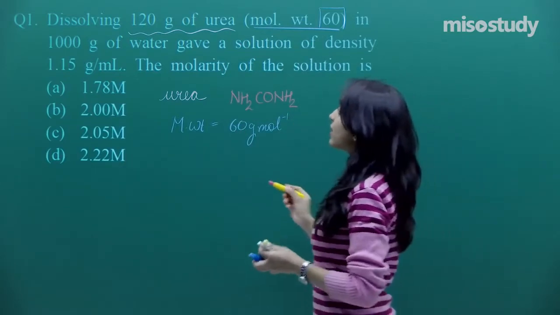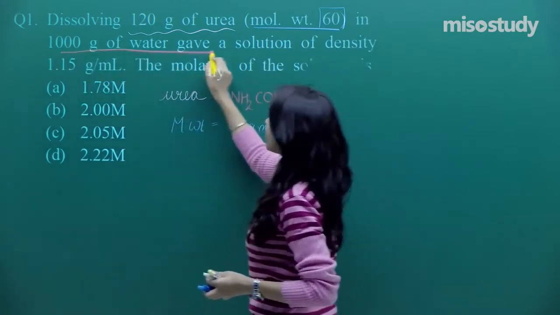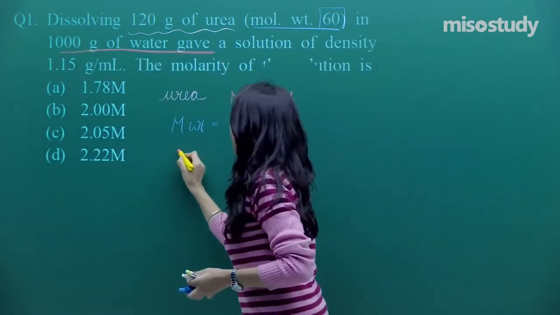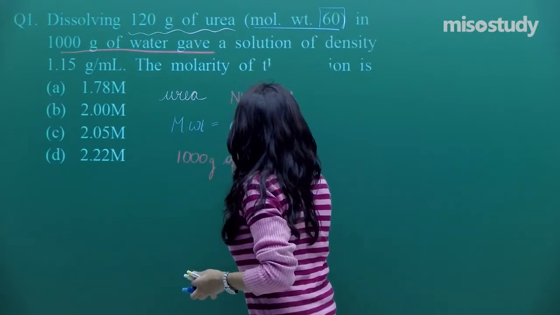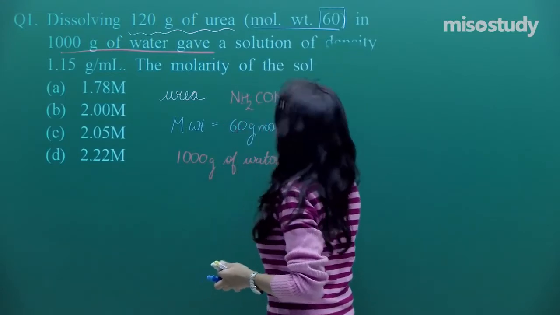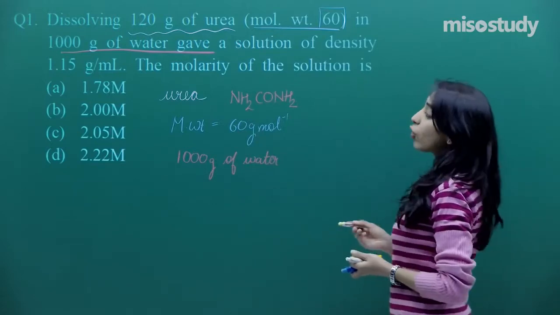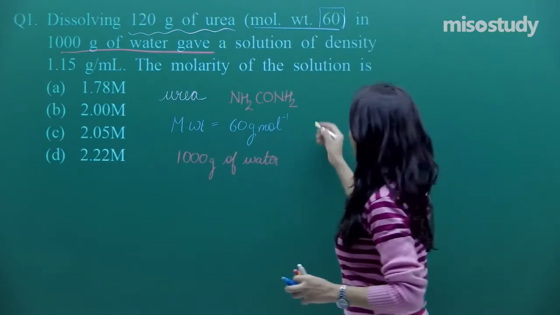In 1000 grams of water. So there is a water sample of 1000 grams. This gave a solution whose density is given to me.